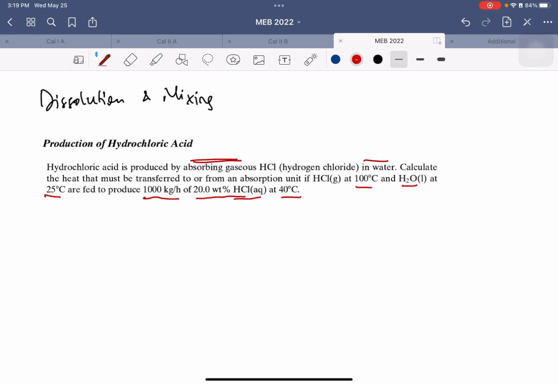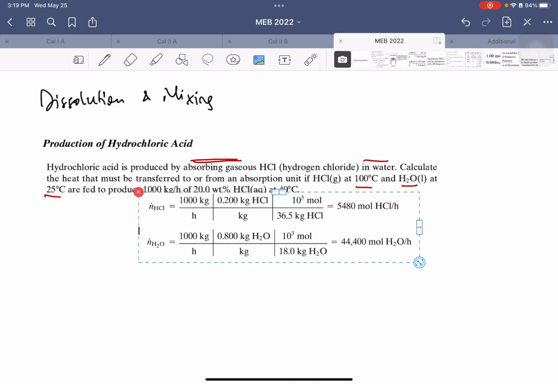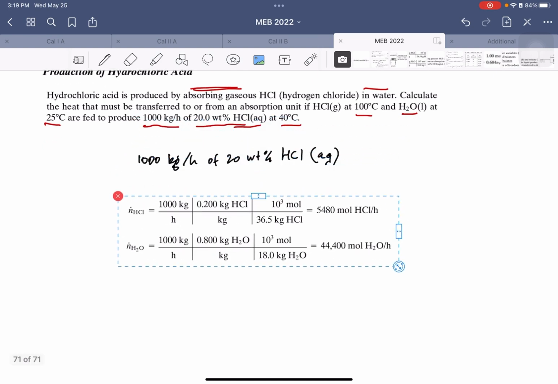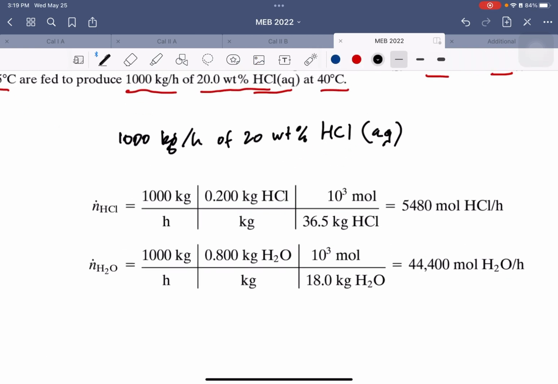So first of all, let me take this as our objective. We would like to produce this, and by doing that, we are going to take it into our molar flow.